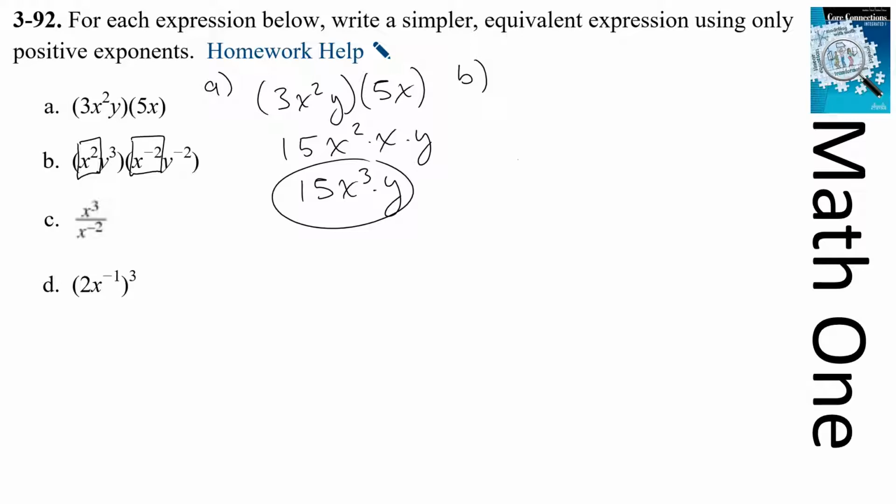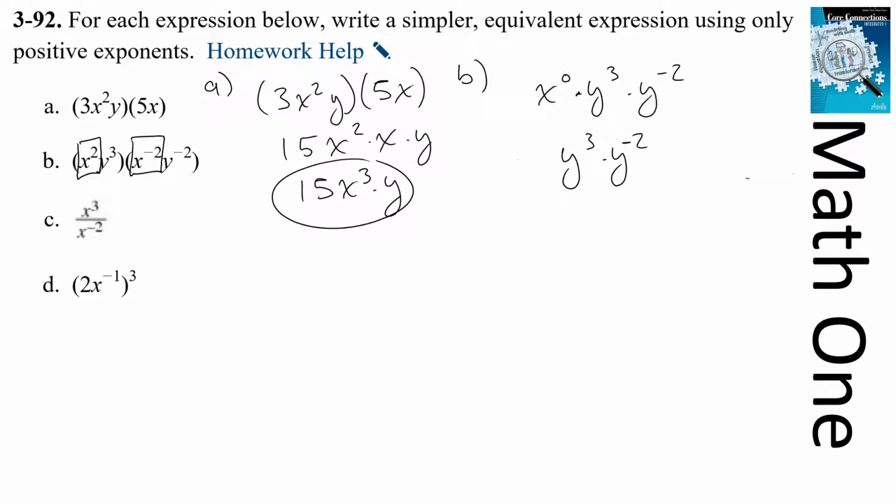So as far as the x's are concerned, that's x to the 0 power, which is equal to 1. So I could rewrite this as 1 times y cubed times y to the negative second power. So maybe I'll write it like this: y cubed times y to the negative second.